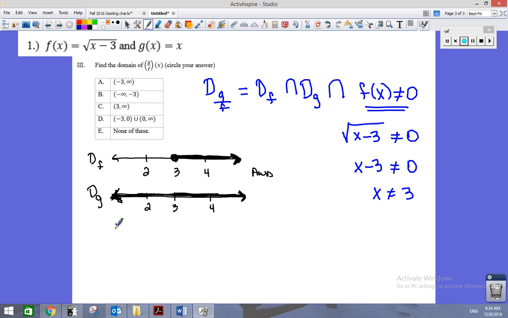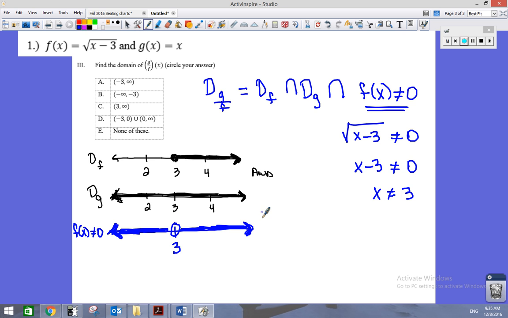So this third restriction, to prevent this denominator, here's f in the denominator, from being 0, we need to throw out the number 3. All of the other values are fine. None of the other values produce an output of f that's equal to 0, only when x is 3. 4 minus 3 is not 0. 5 minus 3 is not 0.